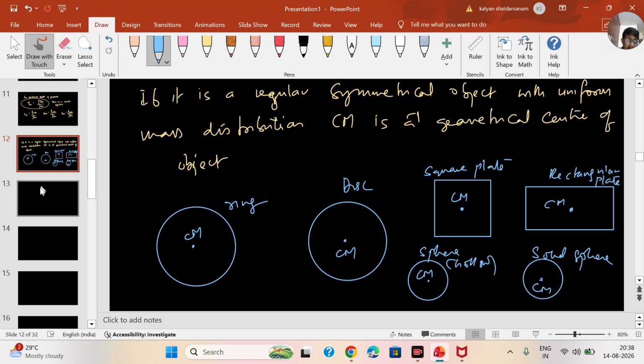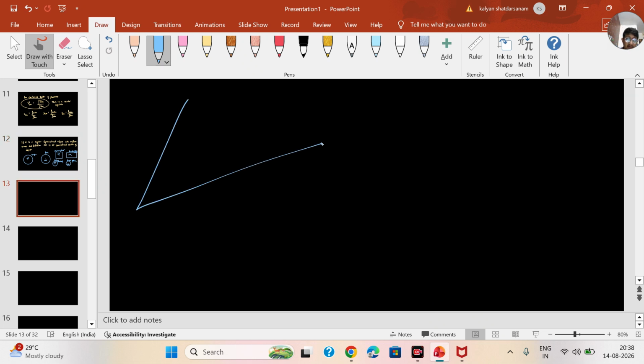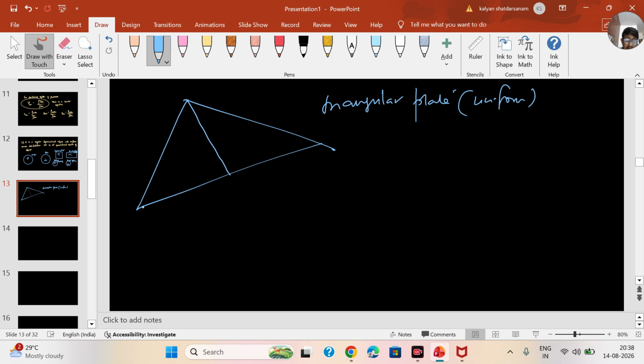If you take a triangular plate, it will be at the centroid, the median intersection. Triangular plate, uniform plate, center of mass will be at the midpoint joining line, median, so this centroid, that will be the center of mass.